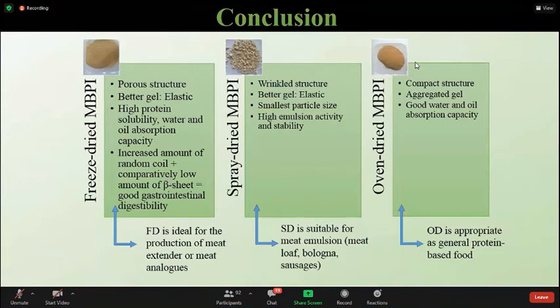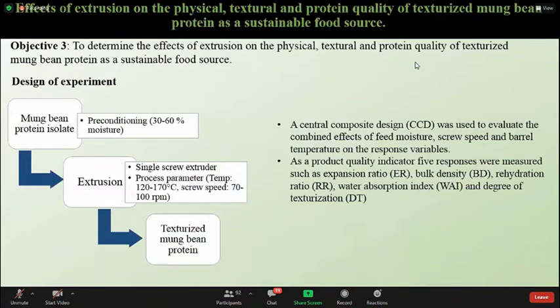So here we look at the effect when the protein was subjected to the extrusion technique to produce texturized mung bean protein, and we look at the effect of moisture from 30 to 60%. Unfortunately, we use only a single screw because we don't have a double screw, and double screw extruders are very expensive.